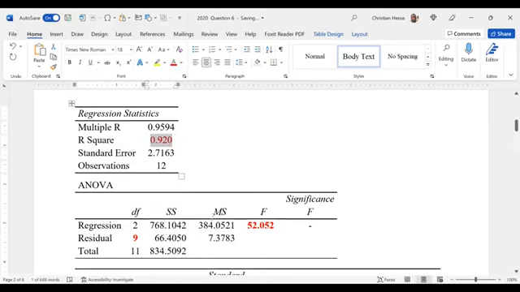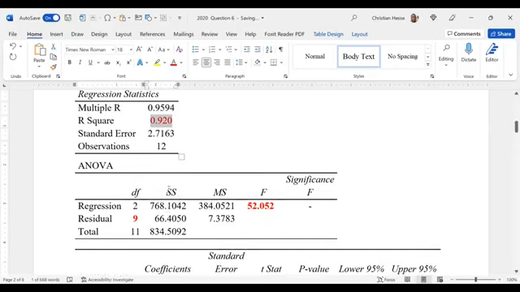Alternatively, how can you get that value from here? You divide this value by this value. Divide it and see. 0.9204.